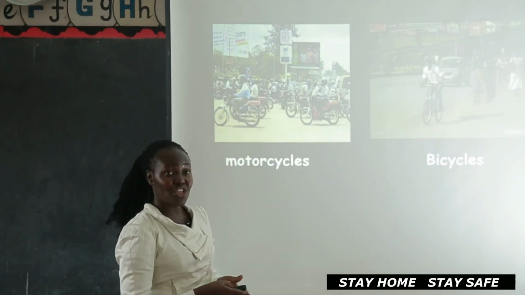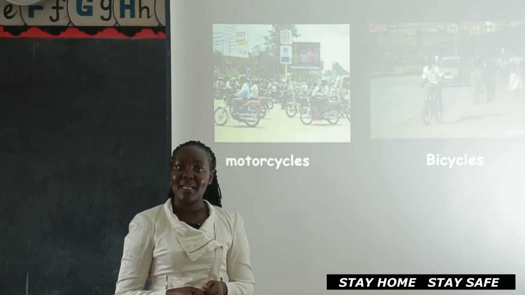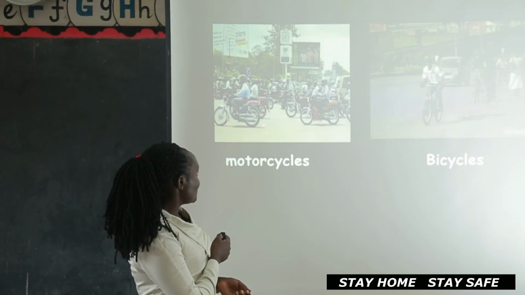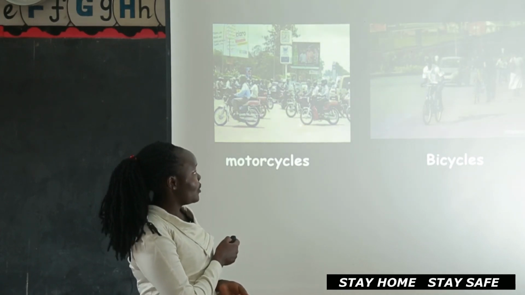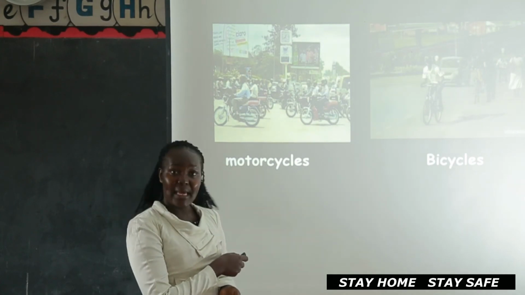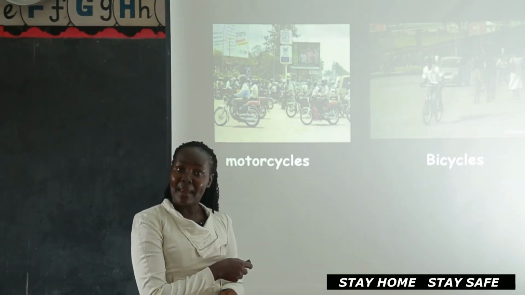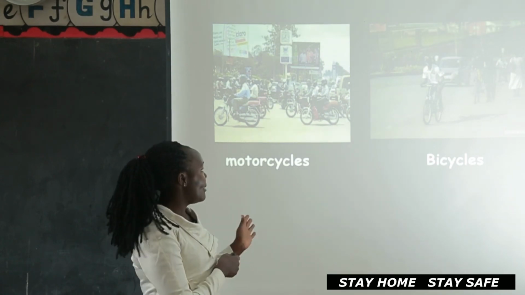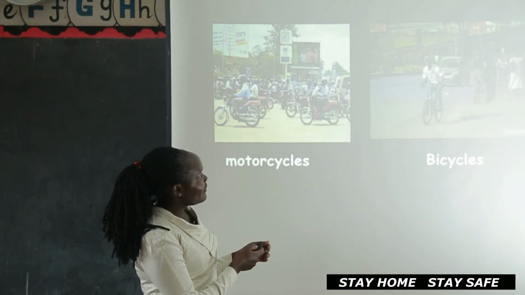So we have some pictures here which I want you to relate to your daily life. We have the motorcycles. These ones are really many in town. Even in our village, in our areas where we do stay or where we reside, there are many. We have the bicycles.